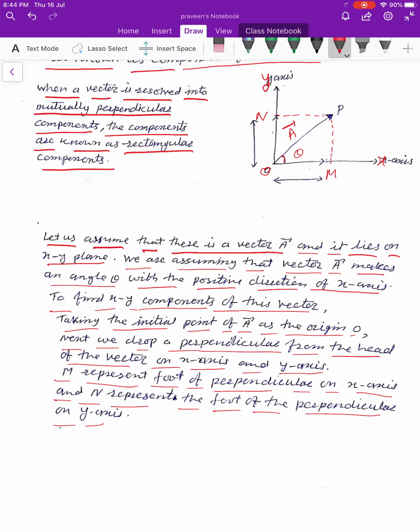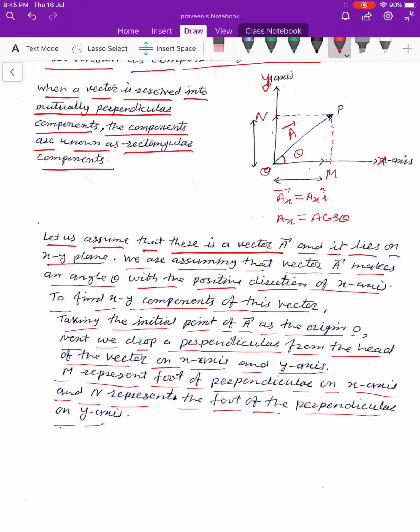The horizontal or x component of a vector is A_x vector equal to A_x i cap. Here i cap is the unit vector of the x-axis. Or the horizontal or x component of A is A_x equal to A cos theta.